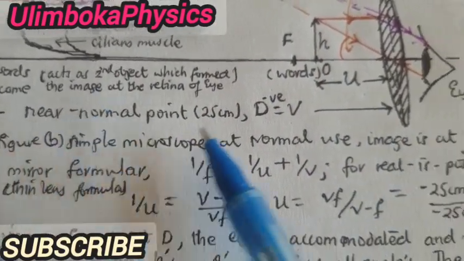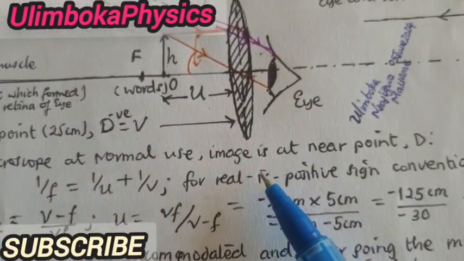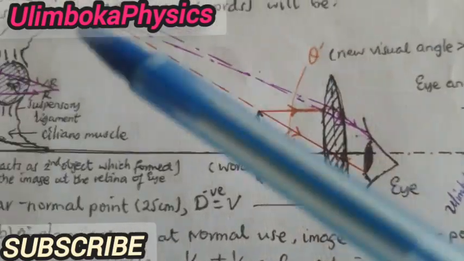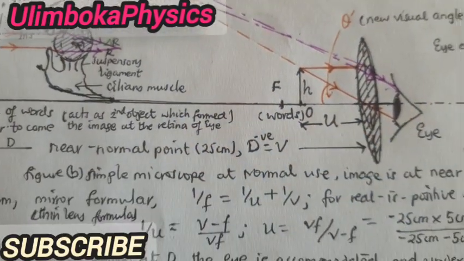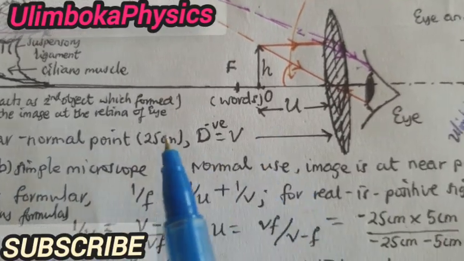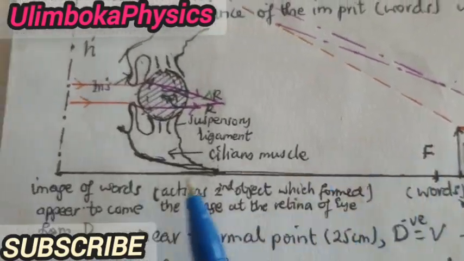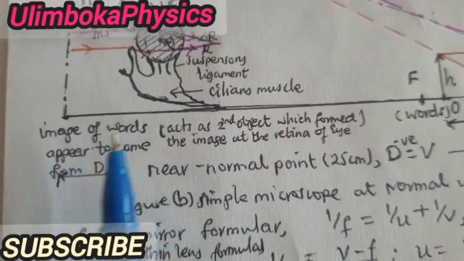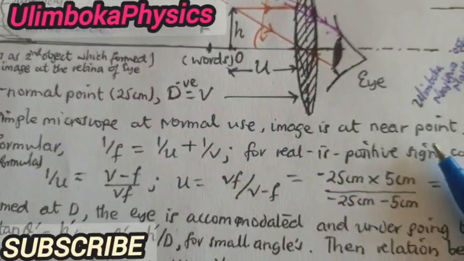Okay, figure B, simple microscope at normal use, image is at near point. Remember, for a simple microscope at its normal use, the image is always formed at its near point, which is 25 centimeter.